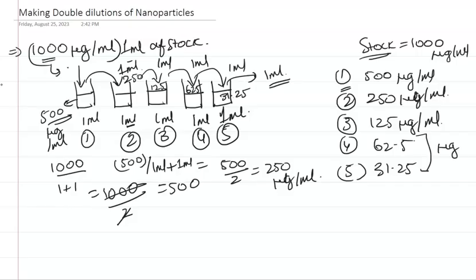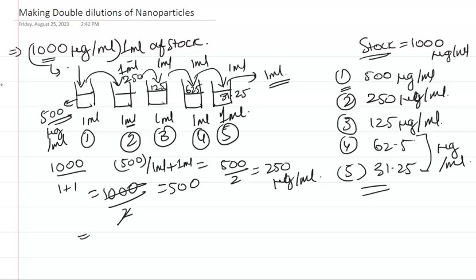All the concentrations will be in microgram per ml. So in this section we have seen how from a given stock we can reduce the concentration by half by using the given formula.